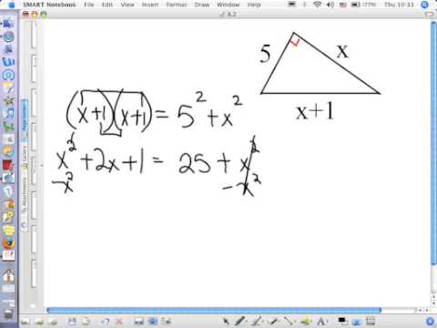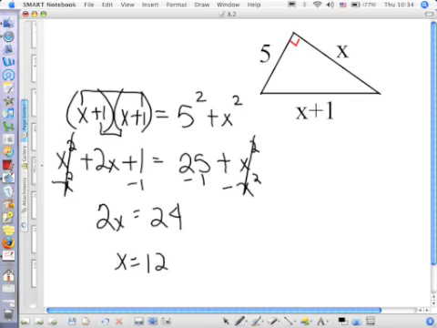They just go away. 2x equals 24. So x equals 12, and C is 13.